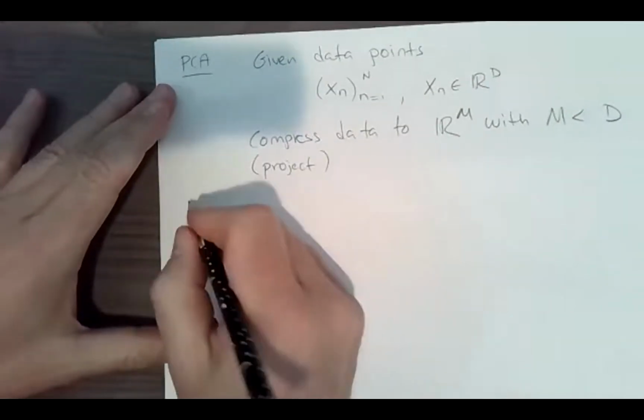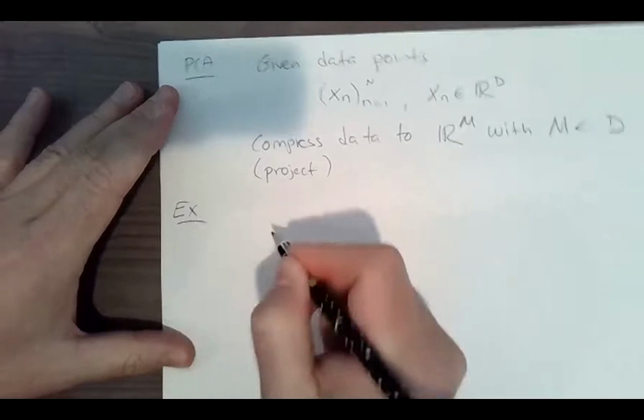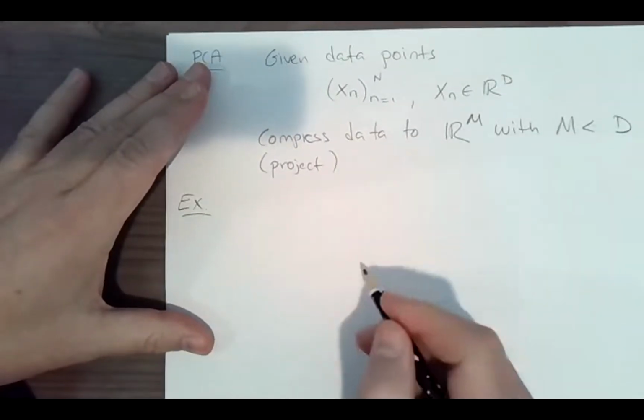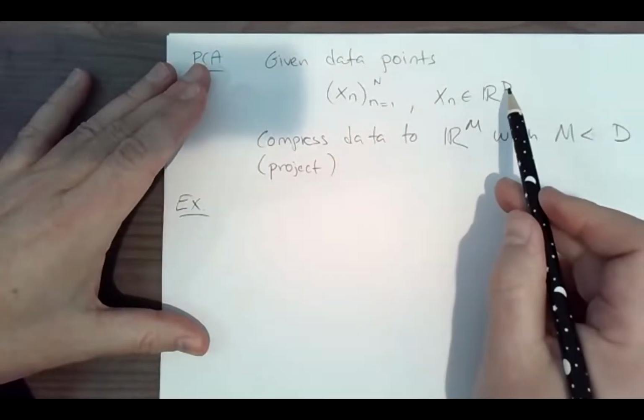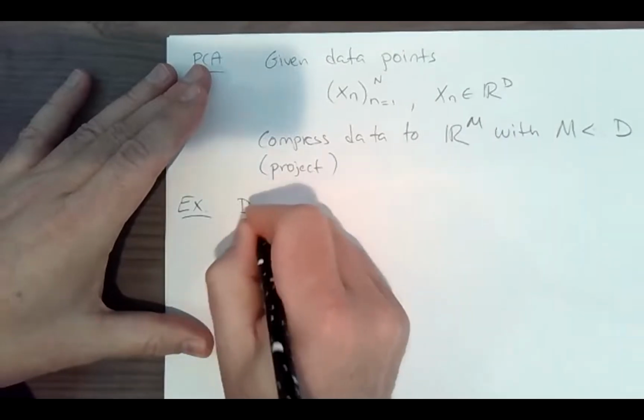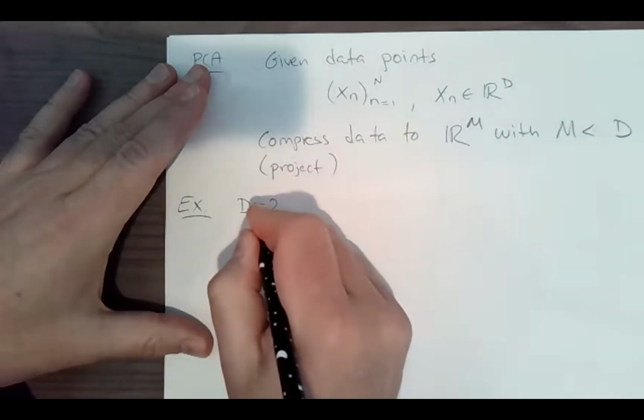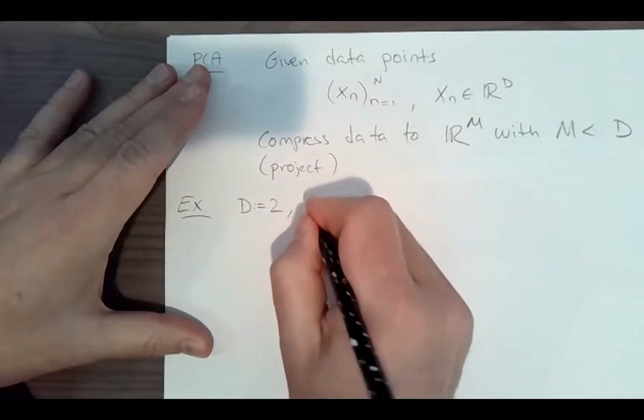Just to illustrate, I can draw in 2 dimensions. If I take D to be 2, there's not much left, so I'm going to take M to be 1.